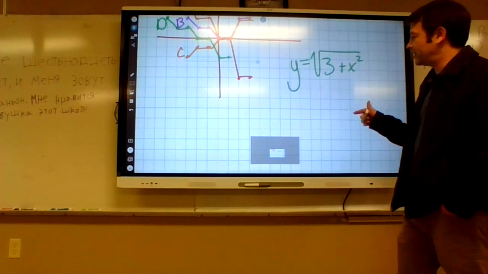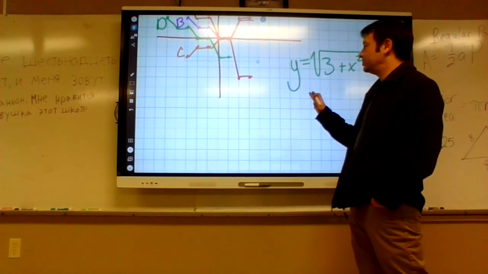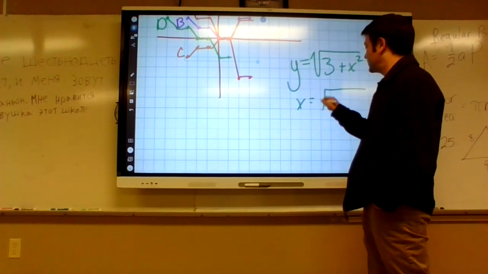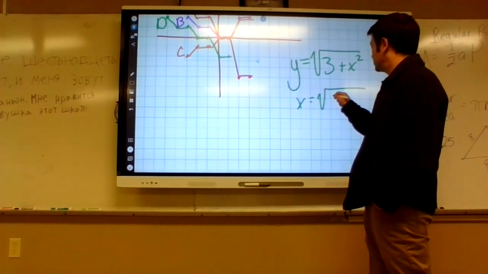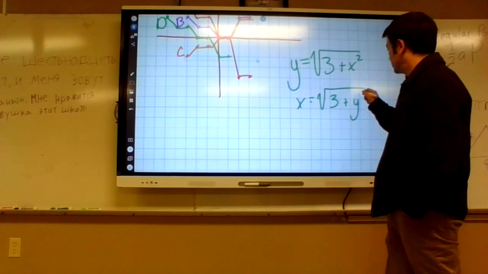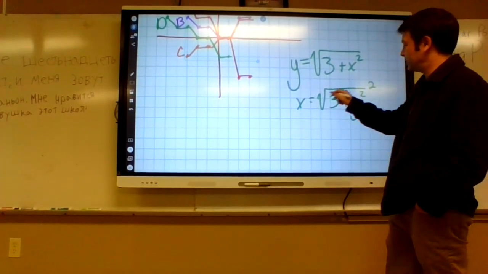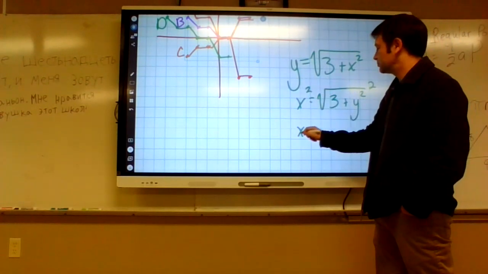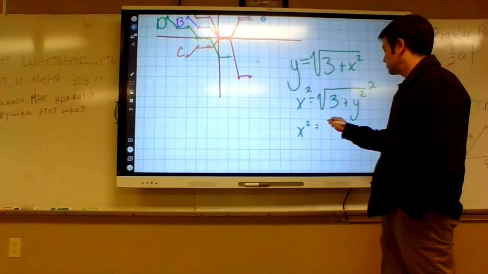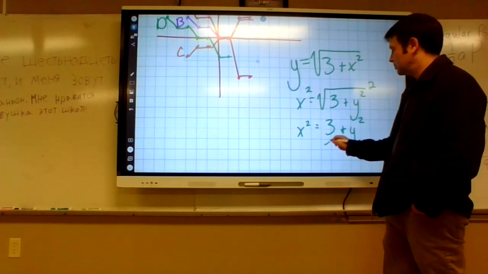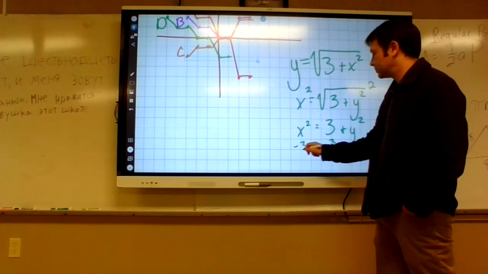One way, the way we found inverses, well, usually we just said yes or no based on the vertical line test, but one way to find the inverse function is to switch the x and the y and solve for y, get rid of the square root. Get y by itself.